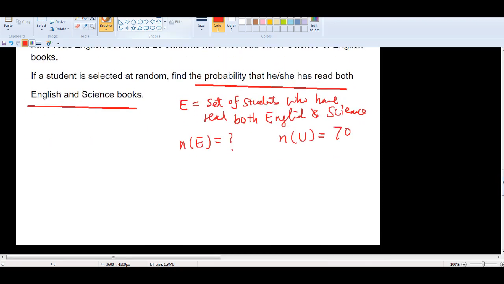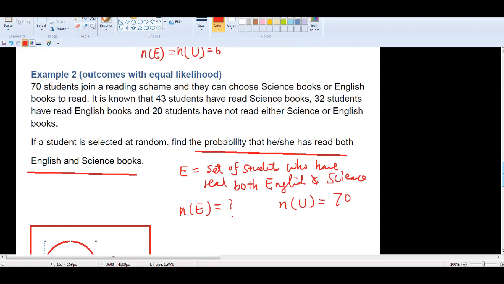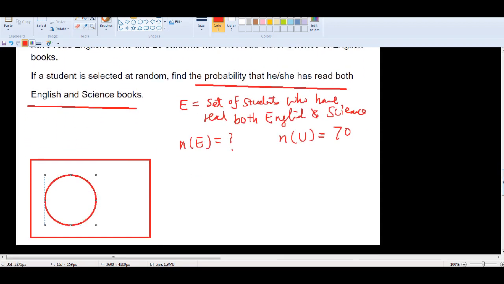Alright? So it would be easier for me to explain if I draw a Venn diagram, because there are two different categories: English books and science books. Let's write this as English, and this is science, and that's the universal set.